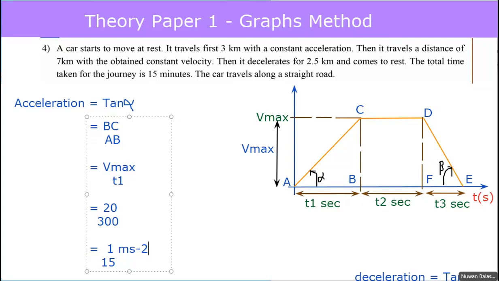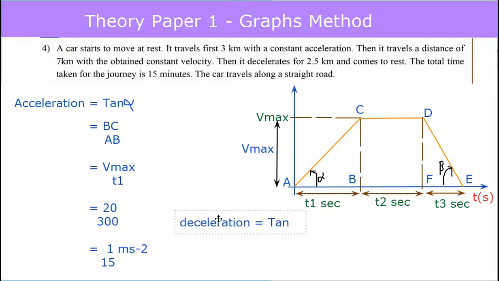Right. So the next thing is deceleration. What is deceleration from this, dear? Deceleration can be found from the other triangle, the DEF triangle, that is tan beta.